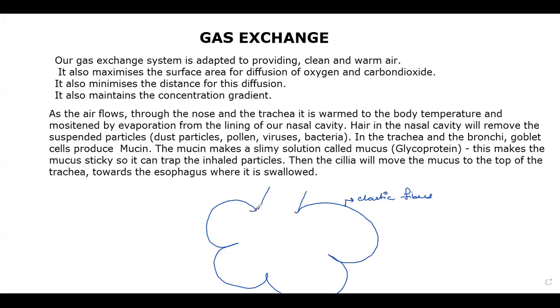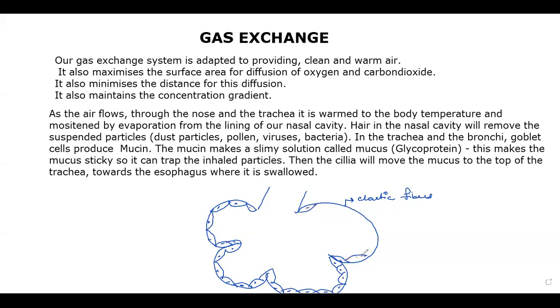Now, the alveoli has a single layer of cells. That's it. A single layer of flattened cells that is going to be surrounding the entire wall of the alveoli. The entire lining of the alveoli is going to be covered by a flattened layer of cells. Now, this is really important. It will only have one really thin layer of cells.